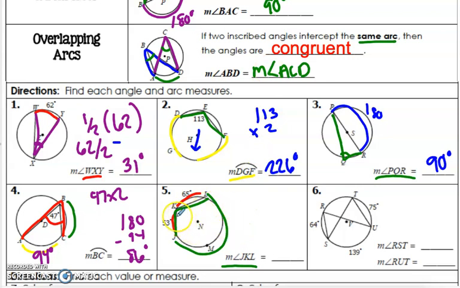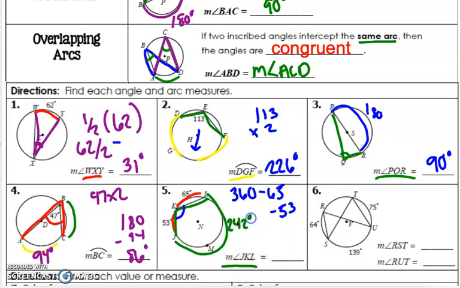So before you figure out the angle measurement, you're going to need to find this arc, and we're going to have to go back to our knowledge of circles equaling 360. So 360, and let's take away 65 and 53, because that will tell us what is remaining in green. So if I subtract those two numbers, you get 242.